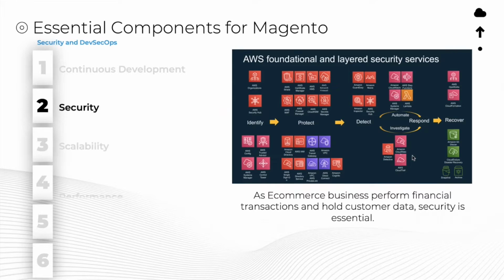Now, from a security perspective, which is one of the most important aspects for any internet-facing application, especially e-commerce, which sometimes has millions of visits per day, AWS also provides a very wide spectrum of security services, starting with identity and access management, where by using different identity security services from AWS, we can fine-tune identity-based access and provide proper roles and authorization to allow only authorized services or users to access specific resources.